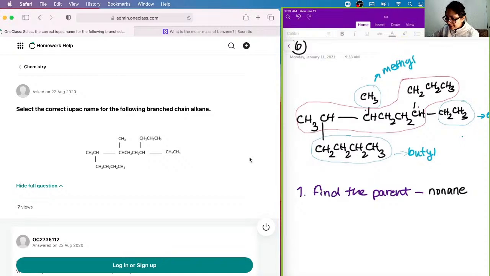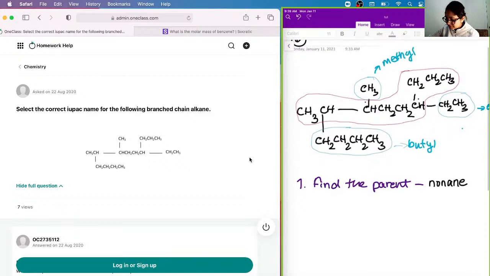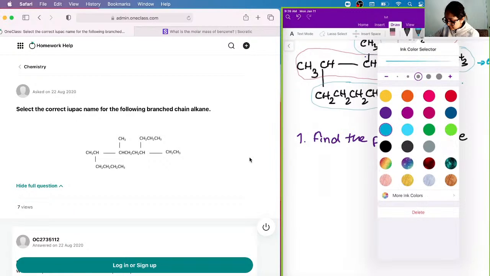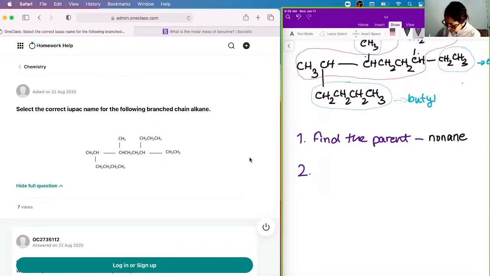Okay, so since we've found our substituents and our groups, we are now able to identify them and join them.